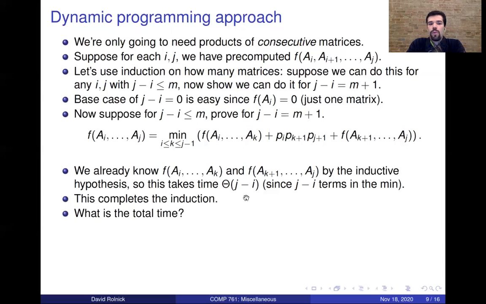Because we're going to have to do this for every i and j, working upwards from m equals 0 to m equals n. What is the total time if we want to do this for i equals 1 and j equals n? We're going to have to do this for all the smaller i's and j's, for all the smaller m's. What's the total time, again? What we want is f of a1 all the way up to an.